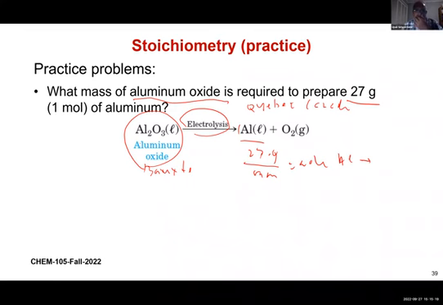Oh, this equation is not balanced. I'm sorry. 2 here. Let's balance this. You have to put a 3 here, 3 here.